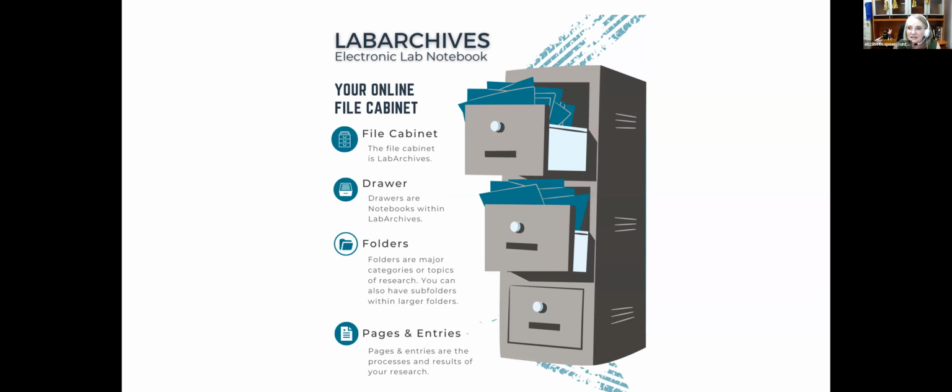The file cabinet itself is the square of Lab Archives. Drawers are notebooks, and then you have folders and subfolders that live inside those drawers or notebooks, and then pages and entries are the processes and results of all of your research. So if you think about how you would file things if everything was paper-based still, it'll help you understand how Lab Archives works a little bit more.